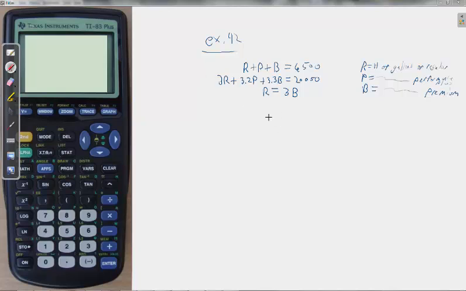I'm probably going to use a combination of substitution and elimination. Since they gave me R is 3B, I'm just going to plug into my other 2 equations with that. So 3B plus P gives 4B equals 6,500. So that's something. Here, 3 times 3, oh, I know what that would be.